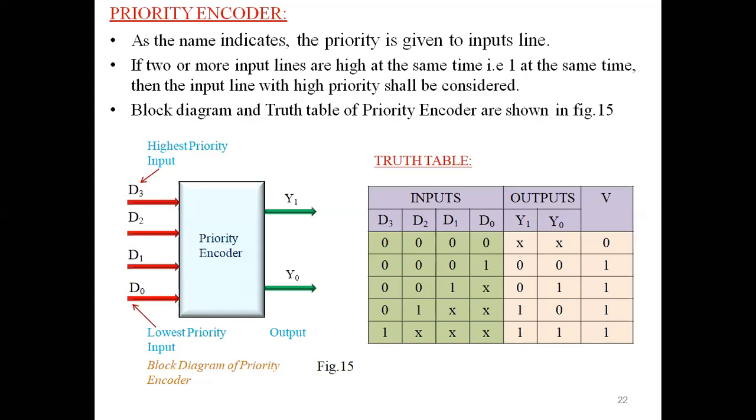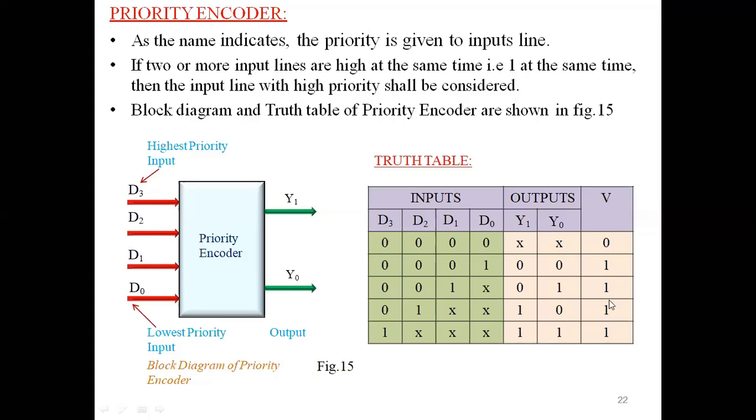Four inputs means there are totally 16 combinations. Like this we have to place the don't care conditions at the lowest levels, and later we get this output. Two outputs it will produce, that is 00, 01, 10 and 11.